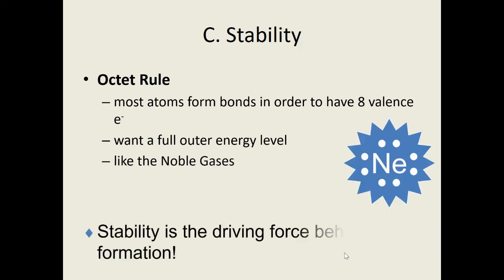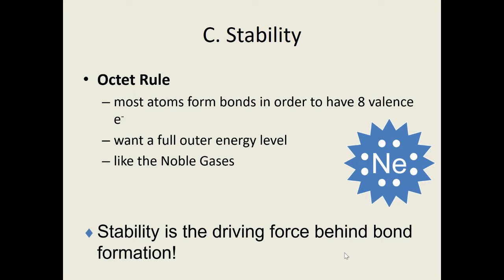Stability is the whole driving force in which a chemical bond is going to form. If you remember back in the periodic table unit, we spent time on the octet rule and what is easier for an atom, to gain or lose electrons to get to that point of having 8 valence electrons. We discovered it's easier for nonmetals to gain electrons and it's easier for metals to lose them.